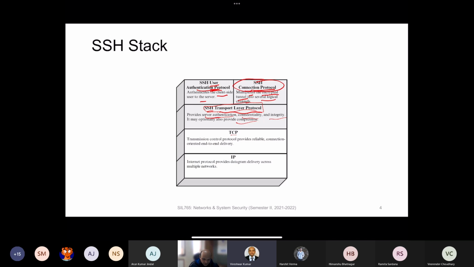So SSH first builds upon this transport layer protocol, which is the fundamental encryption and authentication mechanism. And then it has these two other parts: the facility of doing authentication on the client side, and multiplexing multiple logical connections. So that is our stack.